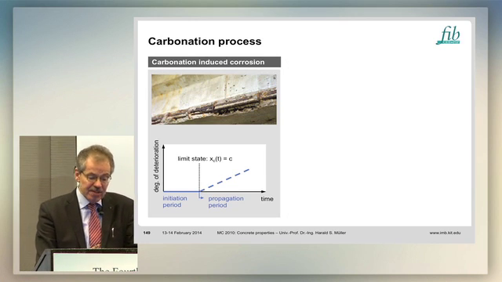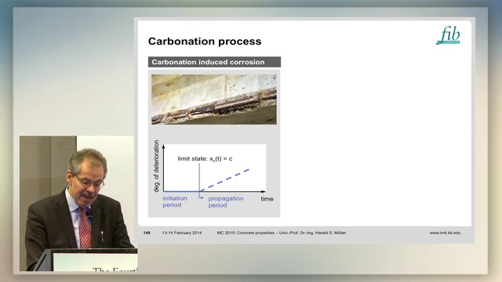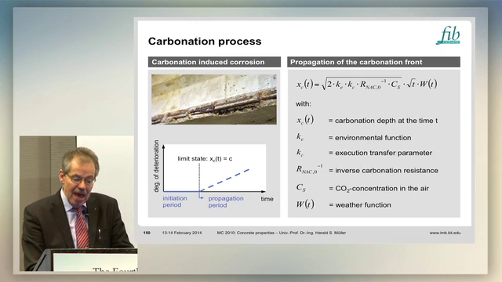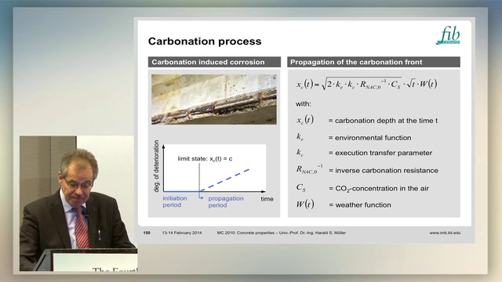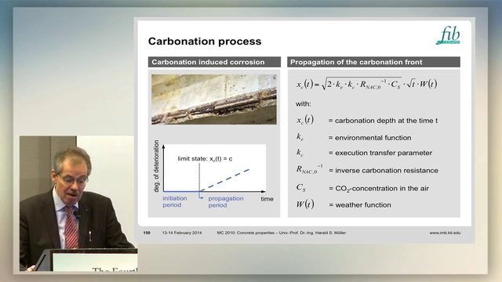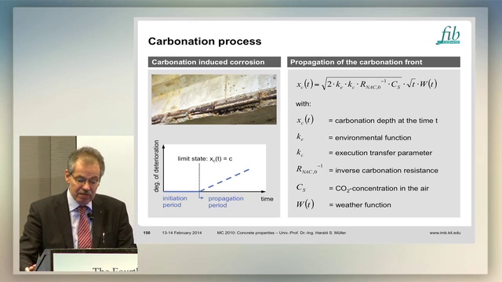The carbonation process, my last example, we have also an initiation period and then a propagation period, and we give in the new Model Code a more sophisticated model for the carbonation, for the propagation of the carbonation front.